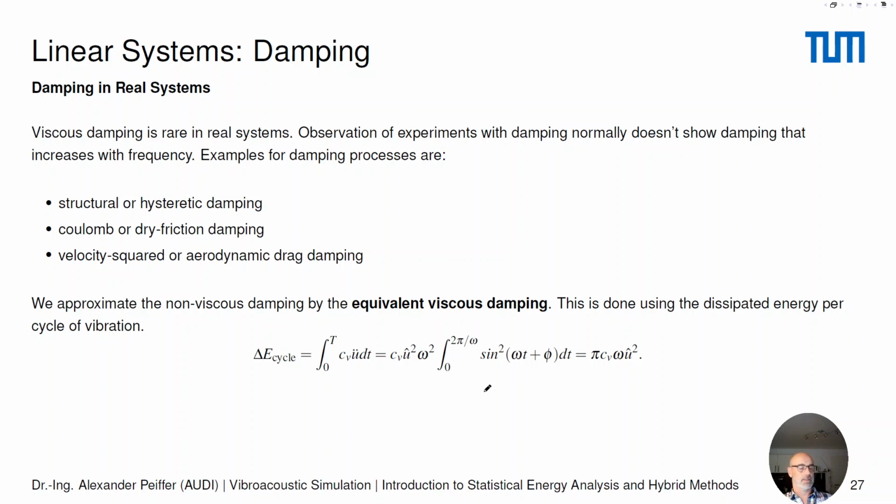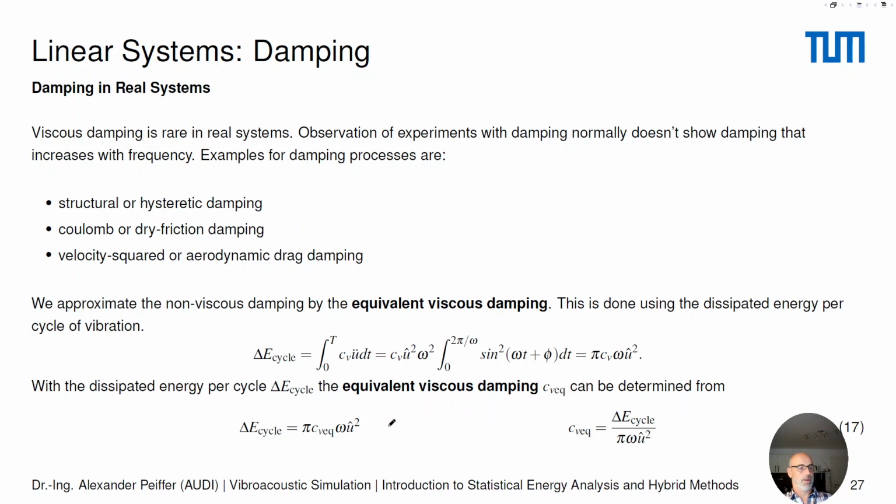And the idea is that we just consider the energy that's lost in a typical period cycle due to viscous damping, which is given by this term. And if we go through the mathematics, we will have a viscous damping that corresponds to this value. So pi, viscous damping, omega, and the amplitude squared. And whatever other damping phenomena we have, this is what we call then the equivalent viscous damping.